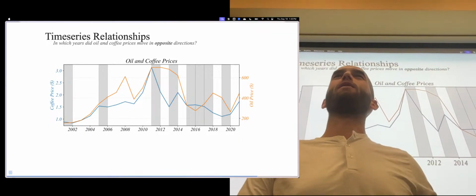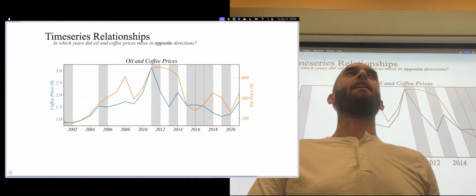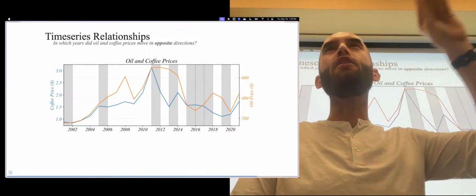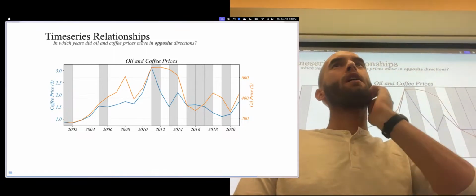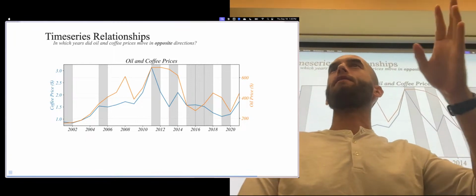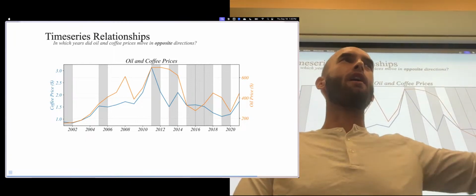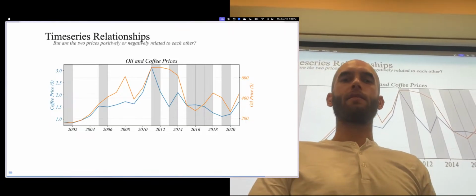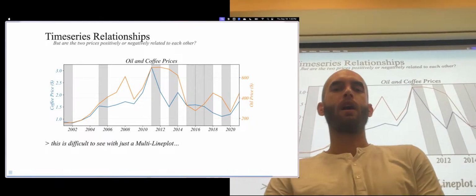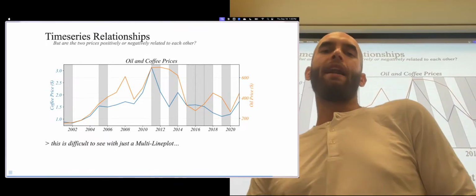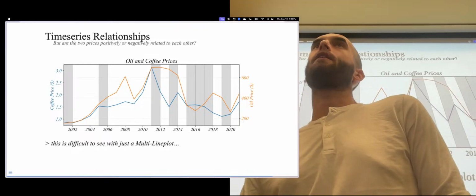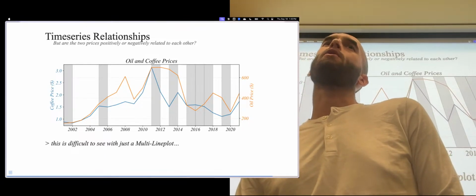Just like we talked about changes through time in panel data using a scatter plot, we can take the individual values of the two prices and plot them with price of oil on the horizontal axis and price of coffee on the vertical axis, or the other way around. To answer the question at hand, whether the two prices are positively or negatively related, it's difficult with a multi-line plot.